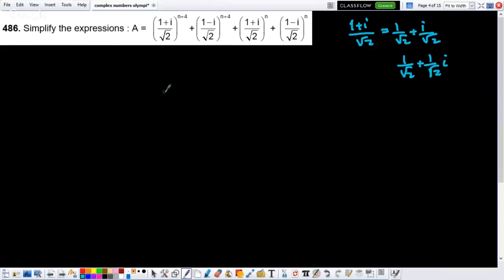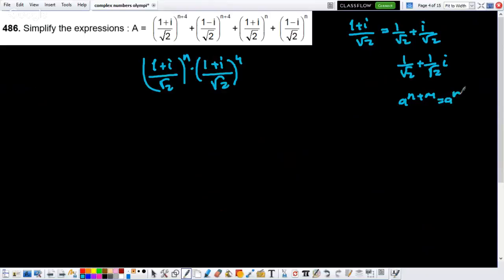So it's going to be like this: 1 plus i over root 2 to the power of n times 1 plus i over root 2 to the power of 4. You know that a to the power of n plus m is equal to a to the power of n times a to the power of m.